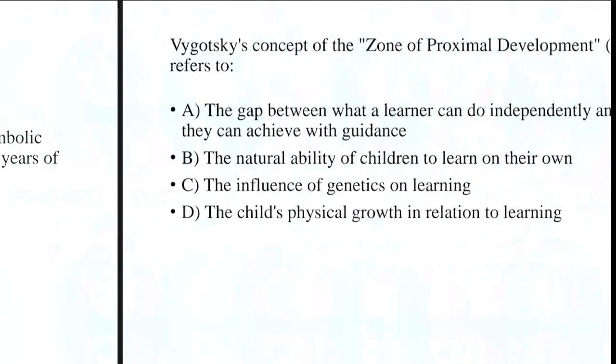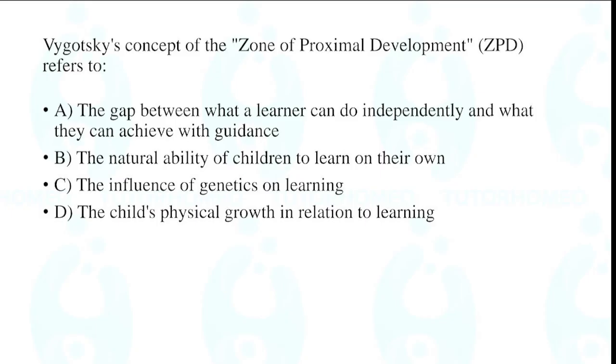The next question is, Vygotsky's concept of zone of proximal development, that is ZPD, refers to what? Is it the gap between what a learner can do independently and what they can achieve with guidance, or the natural ability of the child to learn on their own, the influence of genetics on learning, or the child's physical growth in relation to learning?